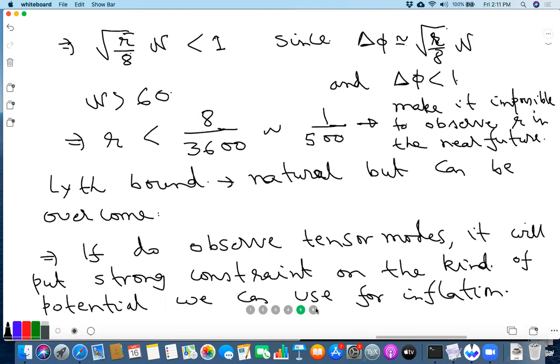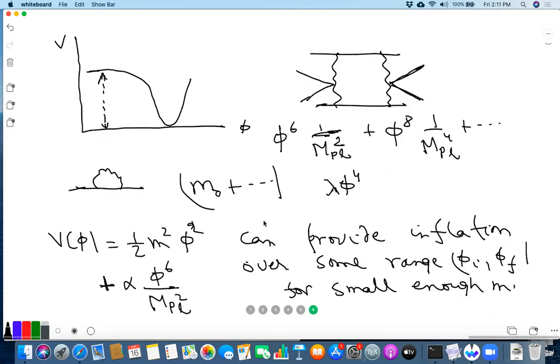You can travel distances large enough, and there is no conflict. But if that's not the case, then a correction of this kind added to the potential will violate the condition for inflation. Is that point clear?